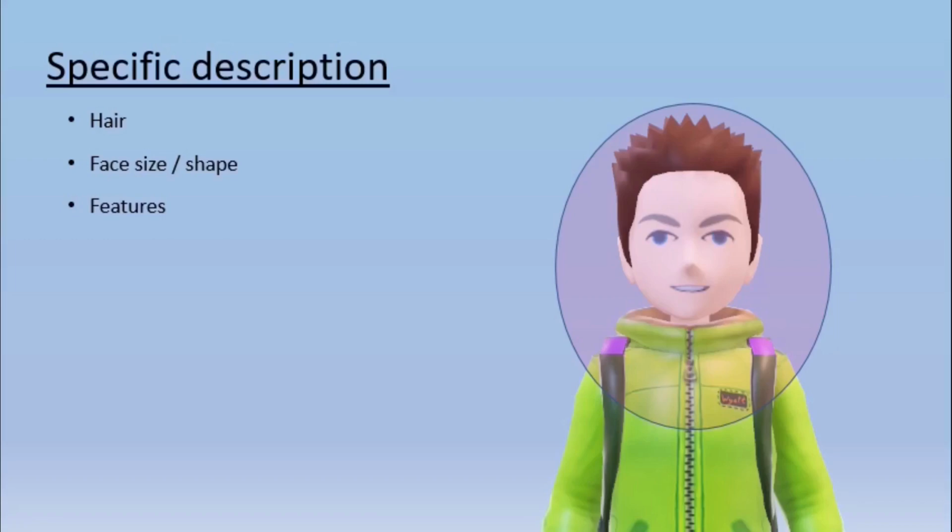Now that we have given general descriptions, we should move to more specific descriptions. When we specifically describe, we should go in the area of most importance first. Usually, it is hair, face size, shape, and then any features that might be prominent.